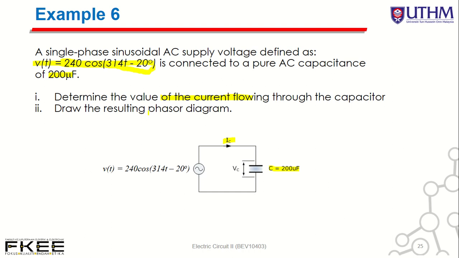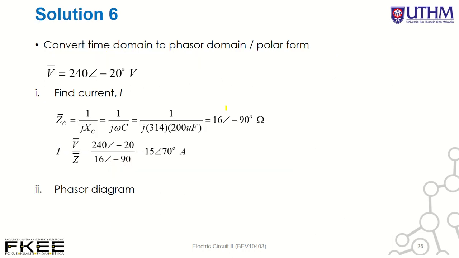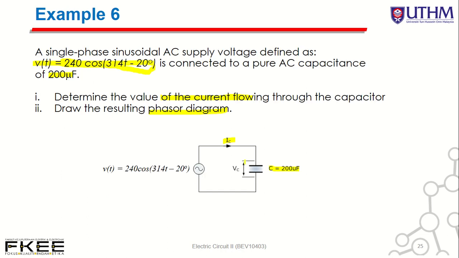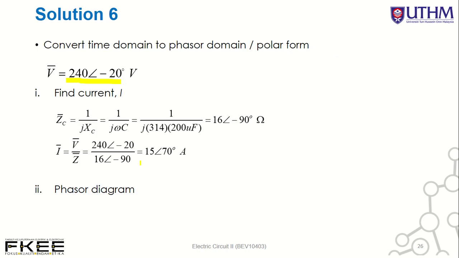Then draw the phasor diagram. You need to transform from time domain to phasor domain, determine V, and then you can find the current, because V equal to ZI. So you can calculate Z.